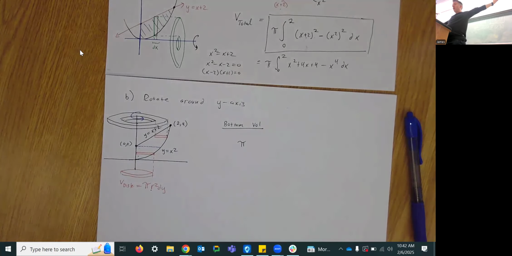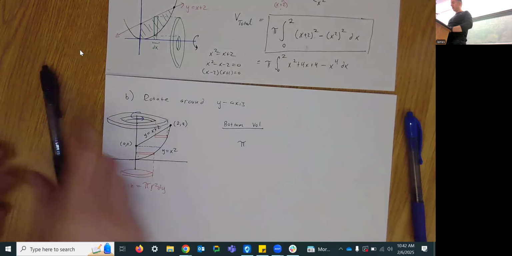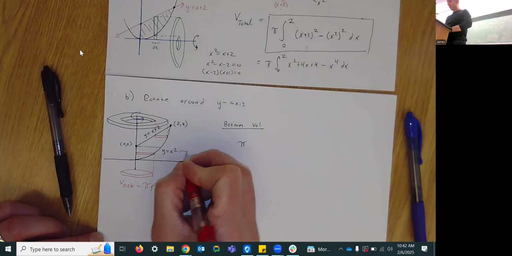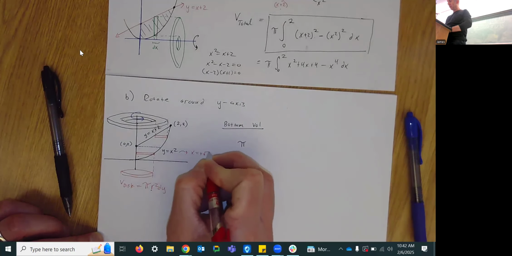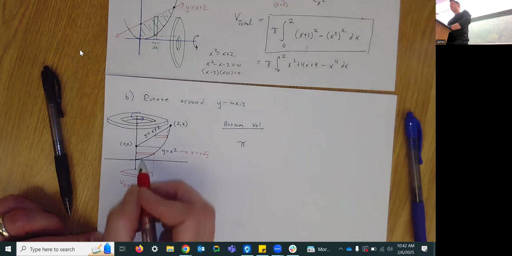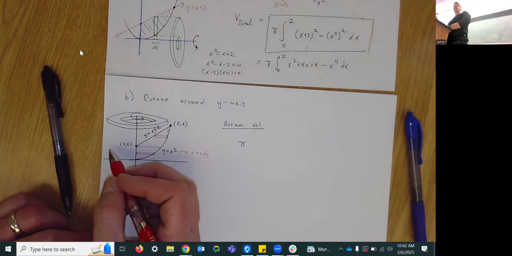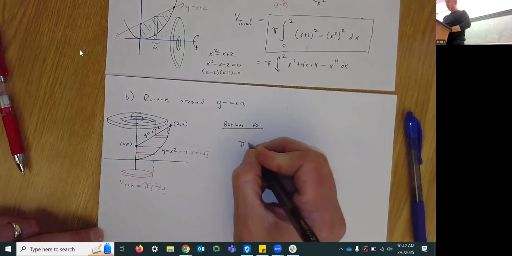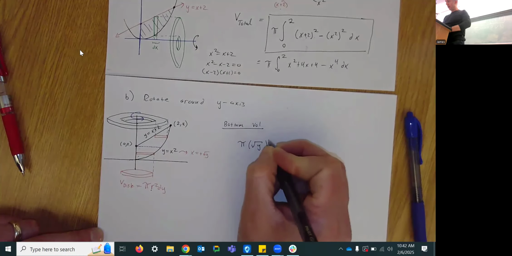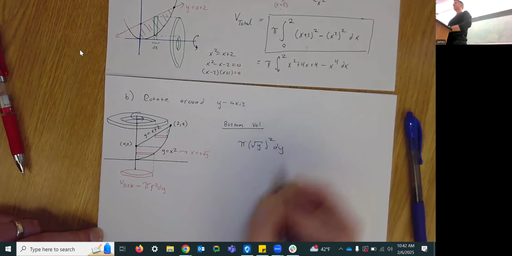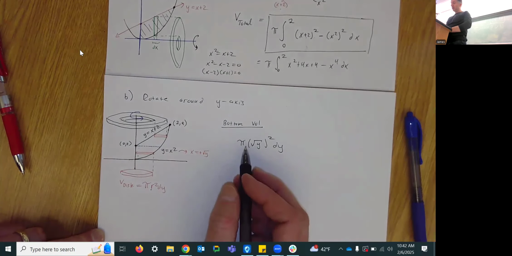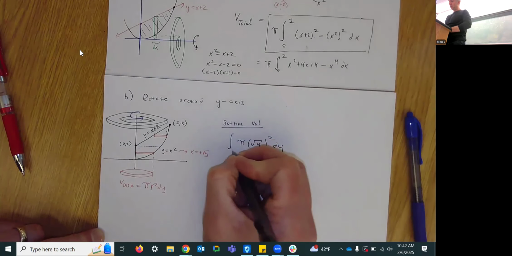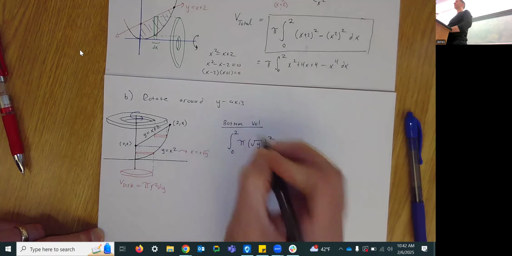Right, y equals x squared, but what variable are we integrating with respect to? Y. So instead of y equals x squared, we have to say that x is equal to the positive square root of y, because we're on the right-hand side. If it was the left-hand side of the parabola, it'd be x equal to the negative square root of y. So it's going to be pi times the square root of y squared times dy, and we're going to integrate that from 0 to 2.